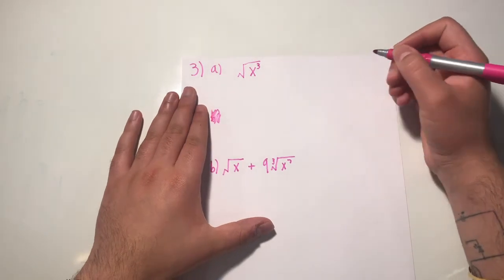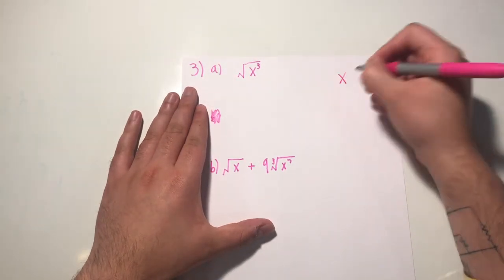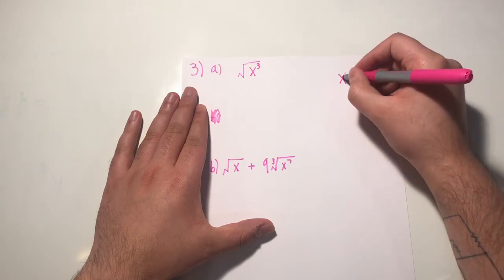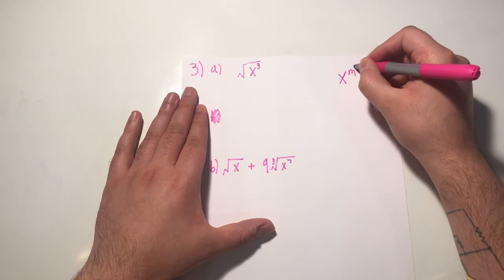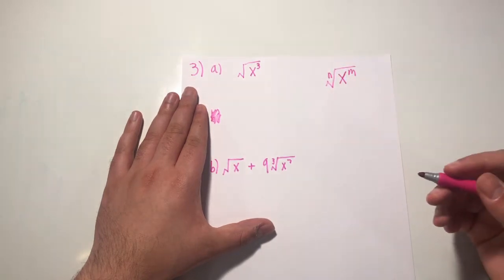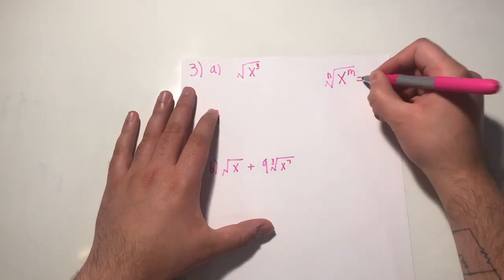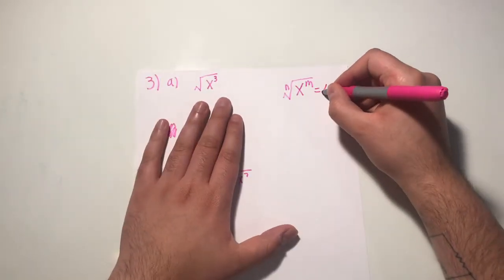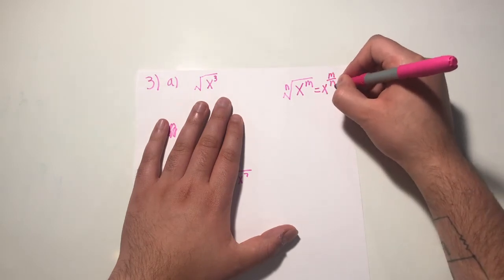You should already be familiar with this kind of conversion, where say you have some x in a radical. Say x is raised to some number m, and it's in some n root. You can convert that to a fractional exponent, right? This should be equal to x raised to the m over n power.